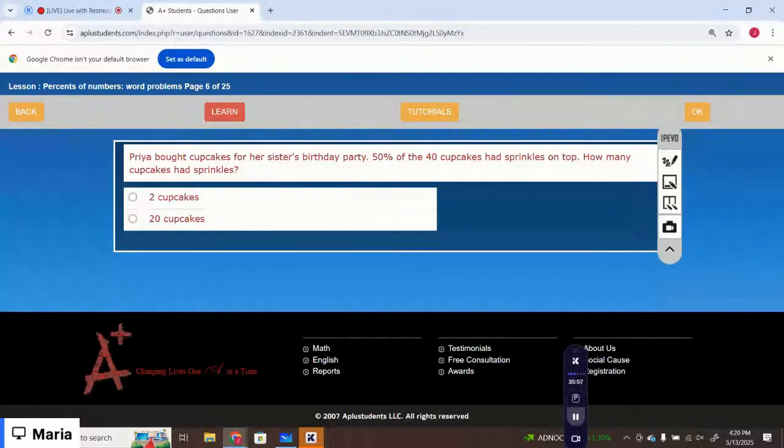So which is the correct option? That is 20 cupcakes. Option number two is the correct option.